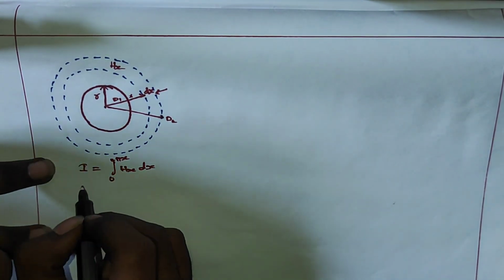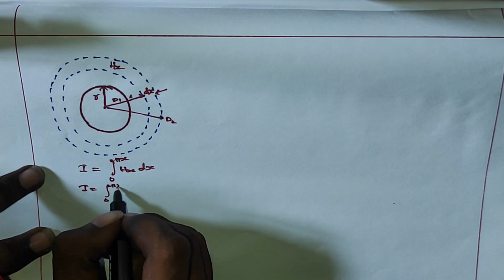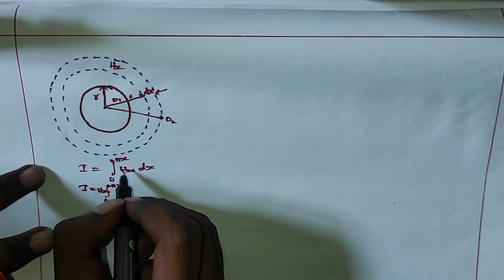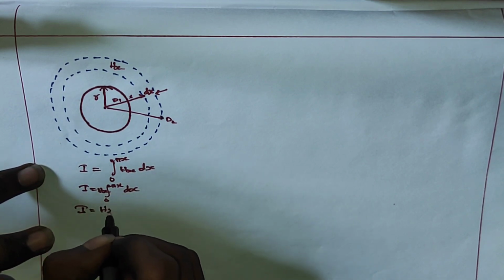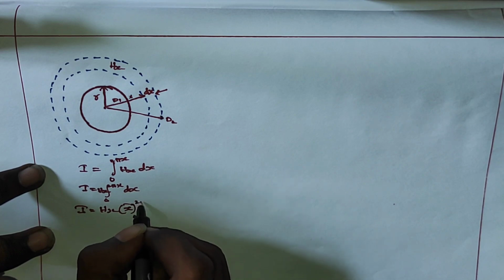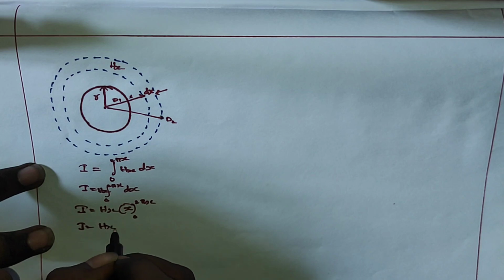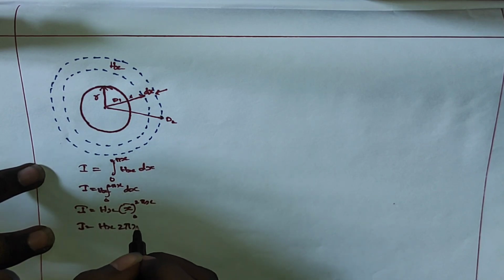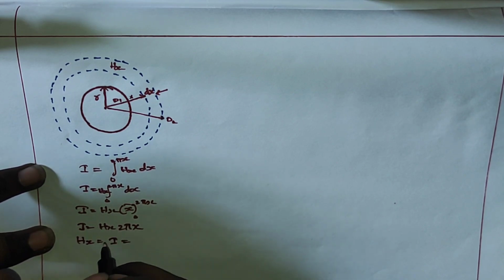If I integrate this, then I is equal to the integral from 0 to 2 pi x of Hx dx. Now I is equal to Hx, with x limits from 0 to 2 pi x. So I is equal to Hx times 2 pi x. Now what is Hx? Hx is equal to I by 2 pi x.